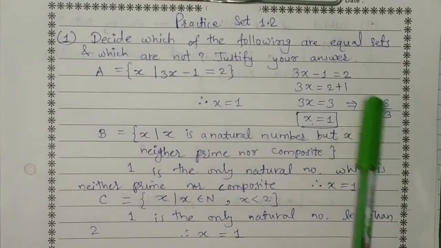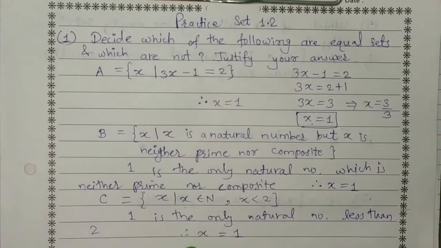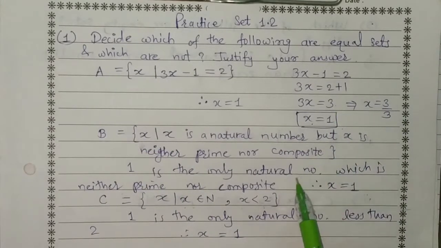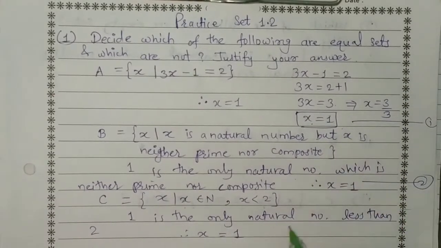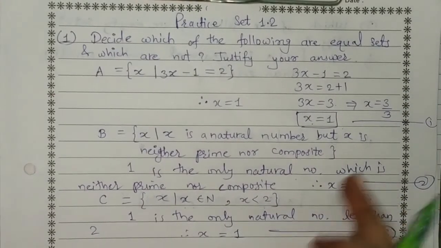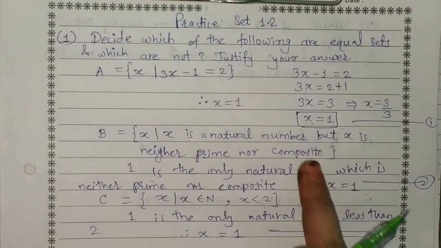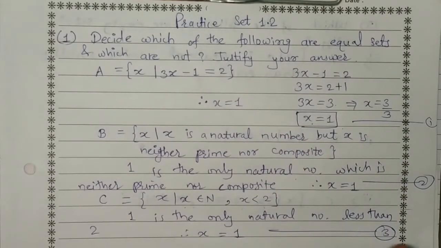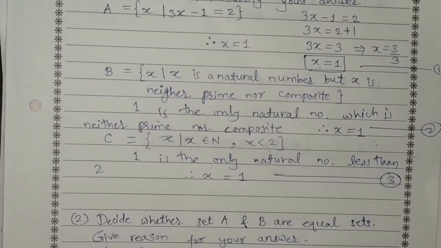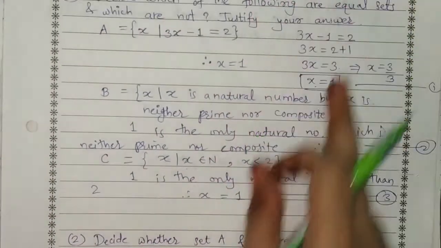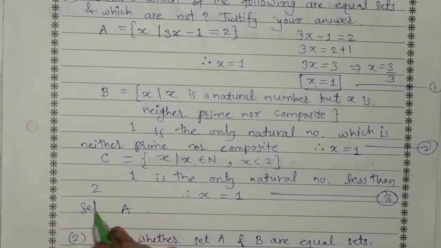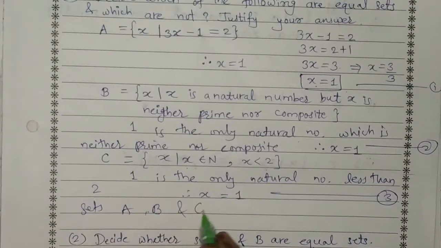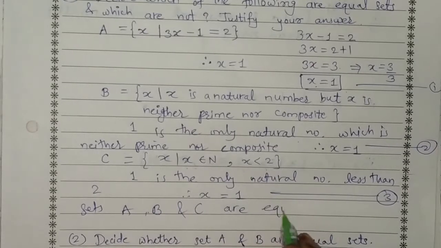If you notice from here, you can give them equation numbers: this is 1, this is 2 and this will be 3. If you notice all these, all the sets contain the same element, namely 1. So we can write down here that sets A, B and C are equal sets.